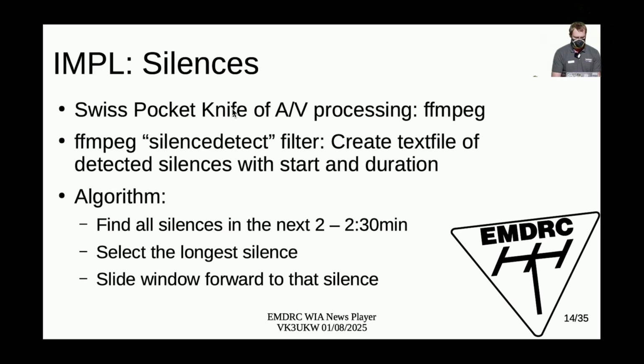And then once you've found one, you slide the window forward and look at the next 2 to 2.5 minutes and find the next one. And then you go through the whole file, and then you've got your audio file with those pauses every 2 to 2.5 minutes that you can then broadcast with those pauses in it.